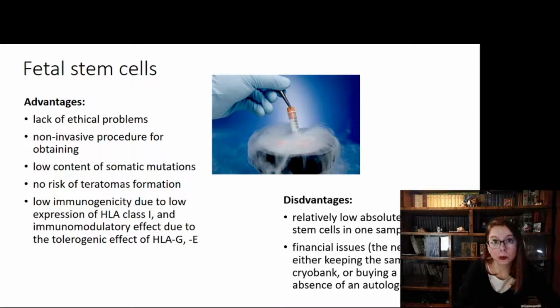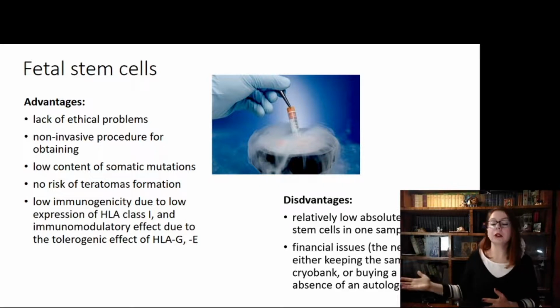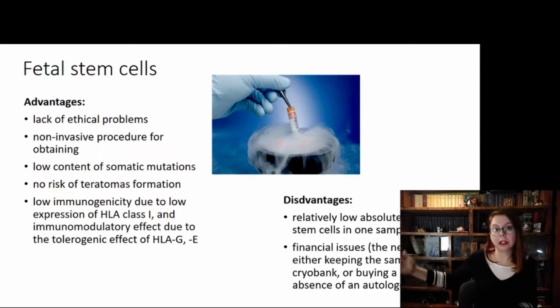And this is a disadvantage compared with adult stem cells, because adult stem cells can be obtained directly from the patient along the whole life. But of course, with age, the number and quality of adult stem cells decreases. That's why fetal stem cells are more advantageous in case we are talking about treatment of an aged patient.